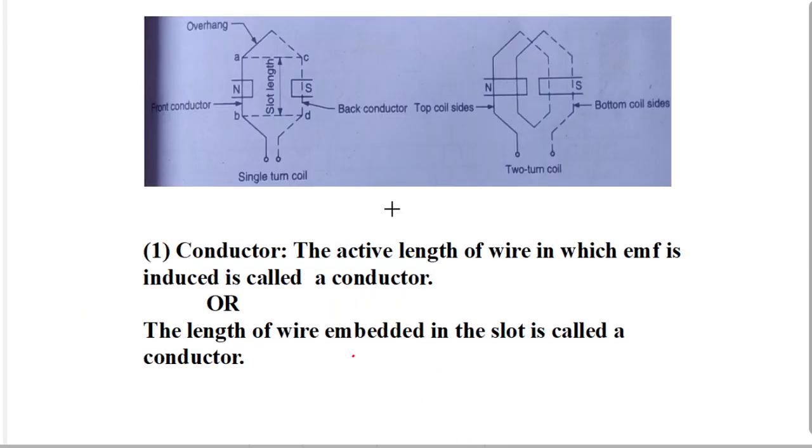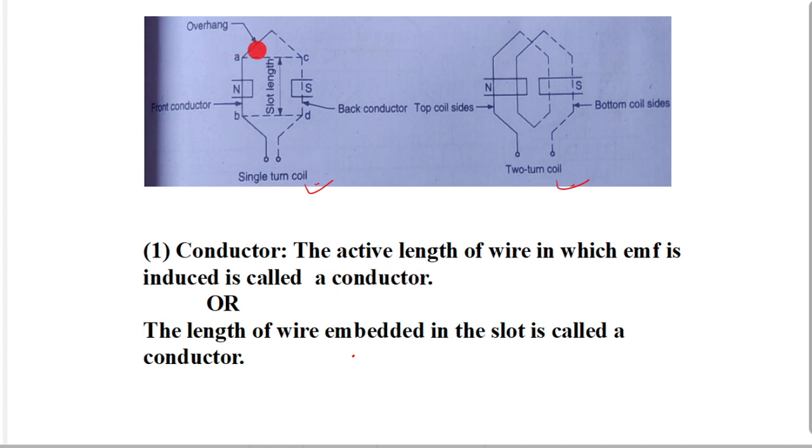Now, some basic terms related to armature winding are very important. Here you can see two figures: a single turn coil and a two turn coil. First of all, what is a conductor? The active length of wire in which EMF is induced is called a conductor.